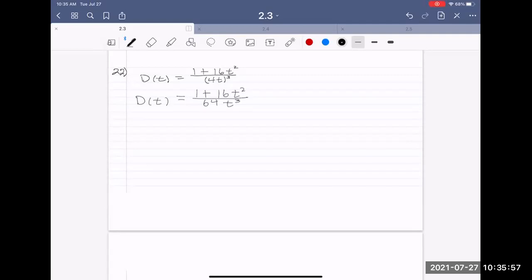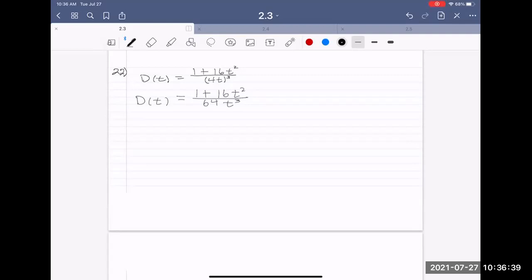Now, I can use the quotient rule on this, but I'm lazy. So let me tell you a rule. It's not really a rule, but if you want to save headaches and save yourself time, remember, simplify before you take the derivative. You do not need to simplify after you take the derivative.